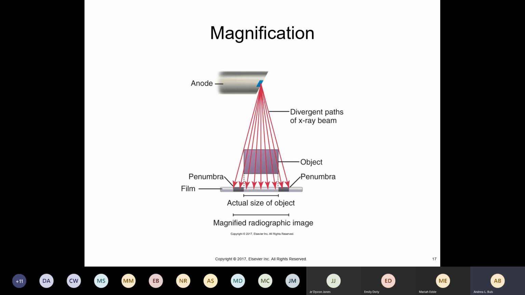So the farther you move away, the more magnification is going to result from that. But if I have a long PID, it's going to cut off a lot of those divergent X-rays before they hit my object. So that's where we can compensate for some of the magnification caused by the tooth to film distance that we have to have.